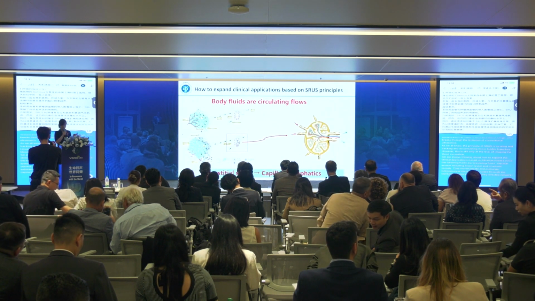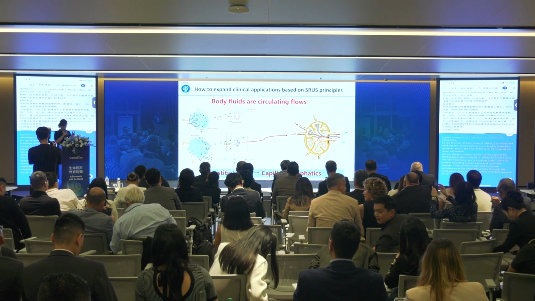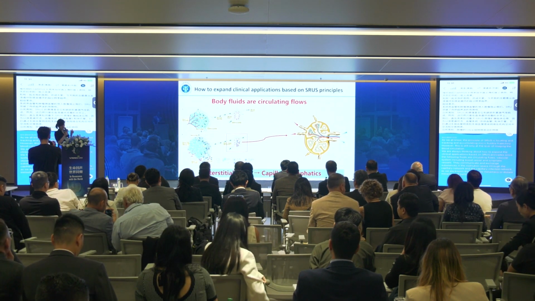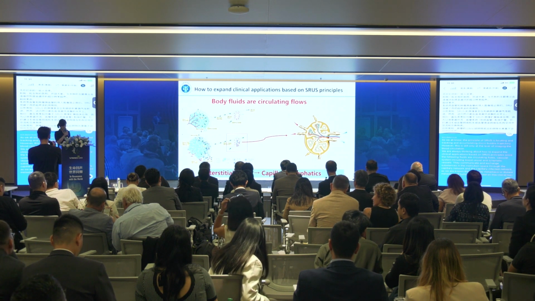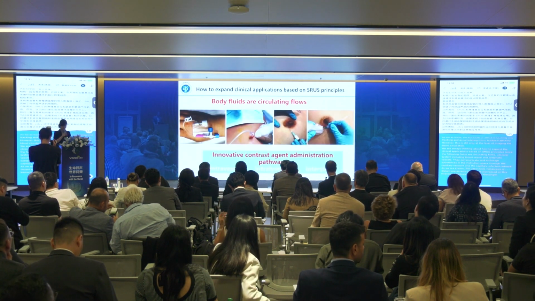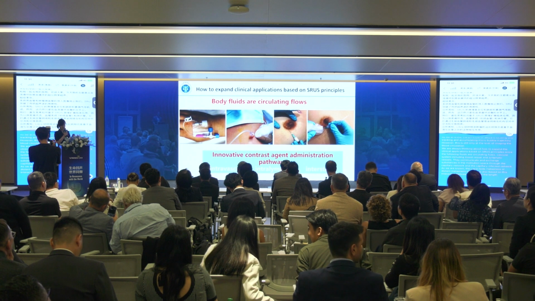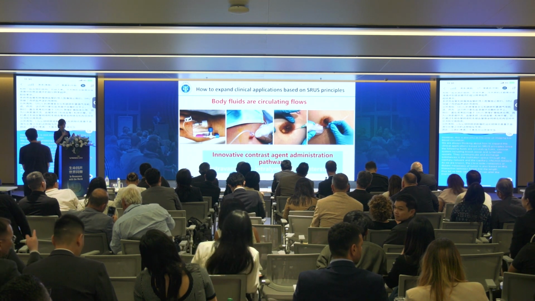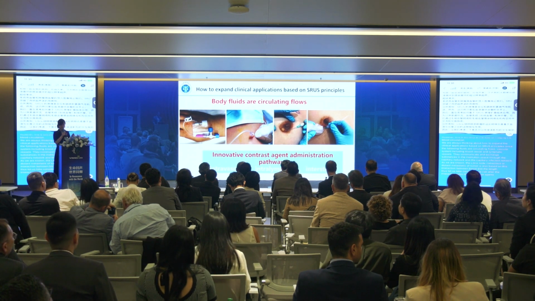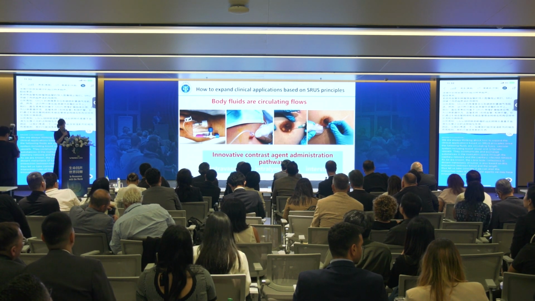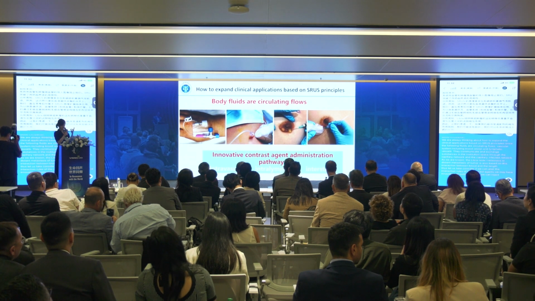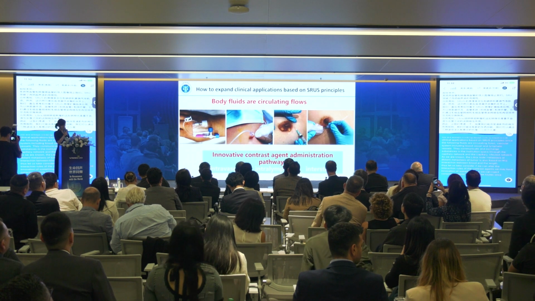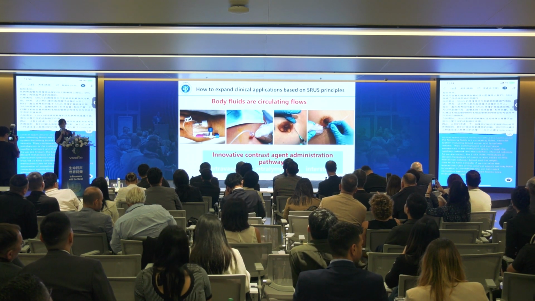As we all know, lymph node metastasis or distant metastasis of tumor is also based on this interaction between blood and the lymph. Thus, let us consider if we can alter the injection route of the contrast agents, we may have something new. We can inject contrast agents through 3 routes: 1, intravenous; 2, intralymphatic; 3, interstitial.